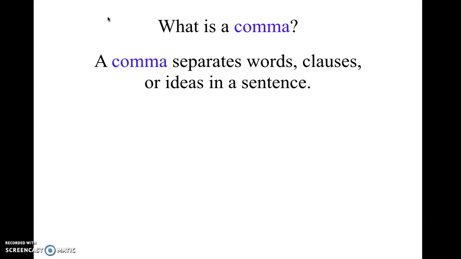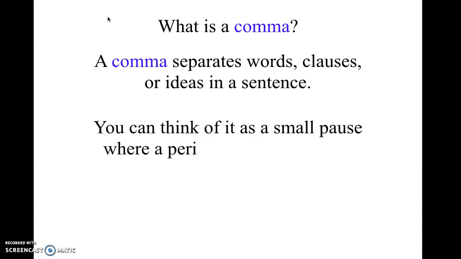So let's go ahead first and talk about what is a comma. I just showed you the comma on the previous slide. Well, a comma separates words or clauses or items in a sentence. You can think of a comma as a small pause, where a period is a longer pause, right?